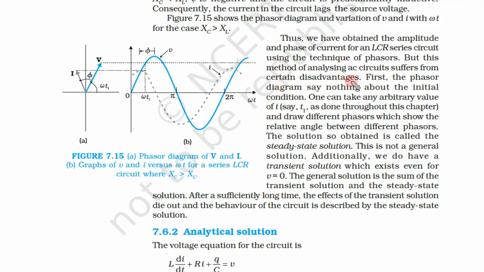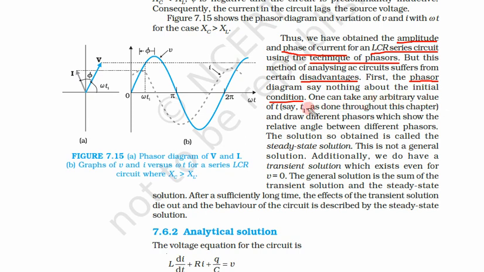So let us understand some of the problems with this. We have obtained the amplitude and phase of the current for the LCR series circuit. What was the technique? The technique of phasors. But there are certain disadvantages. First problem, the phasor diagram says nothing about the initial conditions.